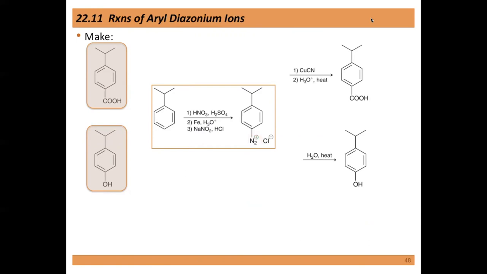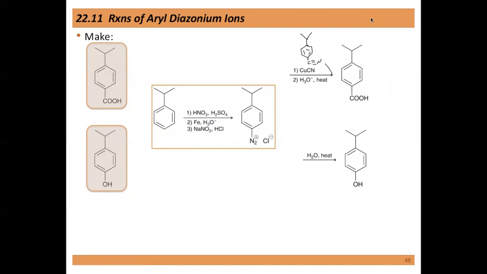And that diazonium, you could then treat with CuCN, and let's draw out the product of that. So from step 1, what I would get is the nitrile para to the isopropyl group.